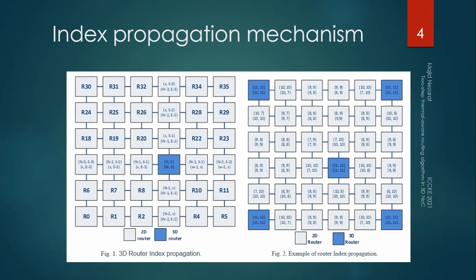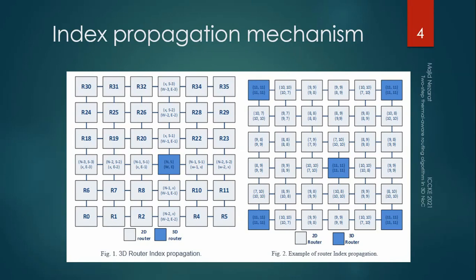An index release mechanism in 3D routers is used in the proposed routing algorithm in order for routers to share their location in the network on chip. The performance of this index is that each router shows four indexes: west, east, south, and north.